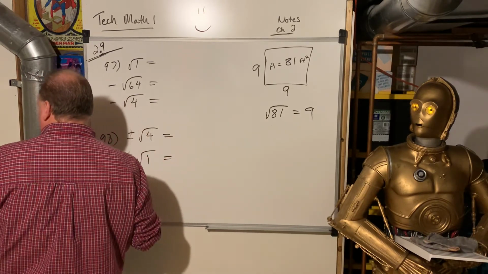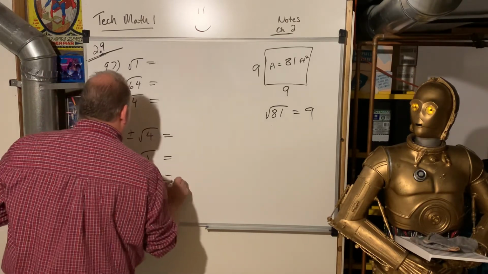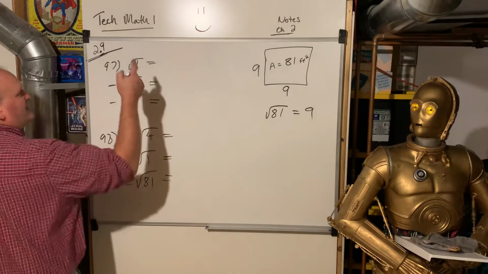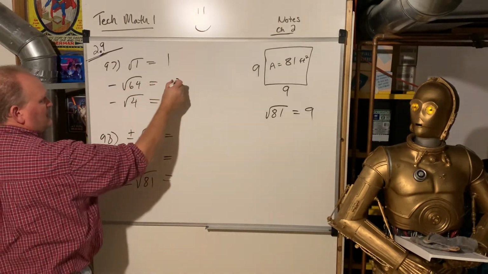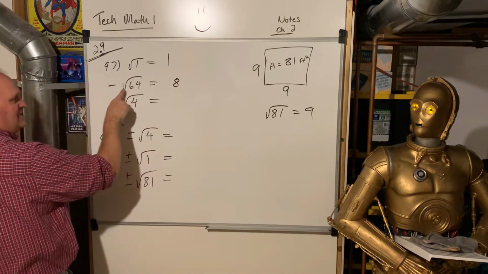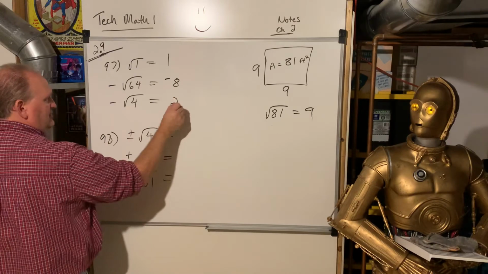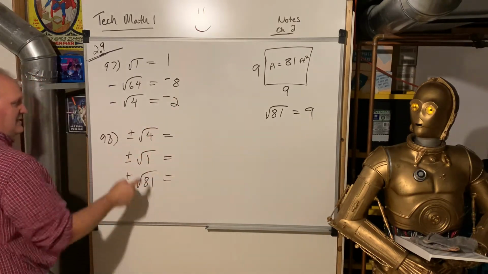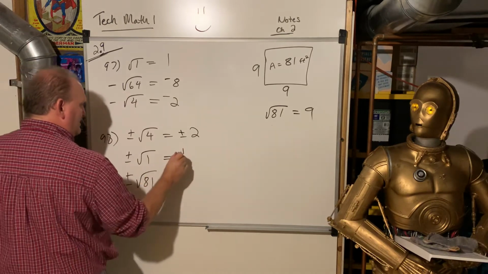And they've got plus or minus the square root of 81. So the square root is asking what times itself gives you that number. So that would be 1. The square root of 64 is 8, but it says the opposite of the square root of 64. So we throw a negative on it. 2, we throw a negative on it. Plus or minus, so we just keep that plus or minus there.